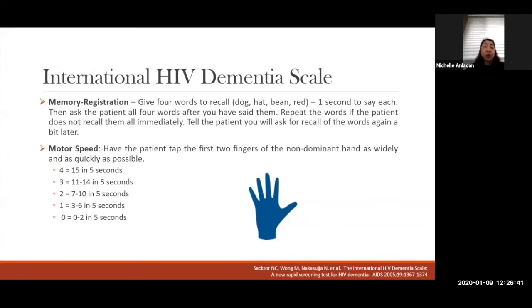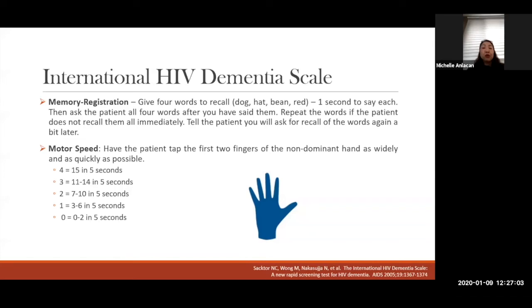They don't have to be in order, but they have to be able to repeat the 4 words. If they are not able to repeat the 4 words, you cannot ask it later. So you give them time to memorize it. After they said that, you can move on to the next, but you will tell the patient that you will ask for it again a bit later.